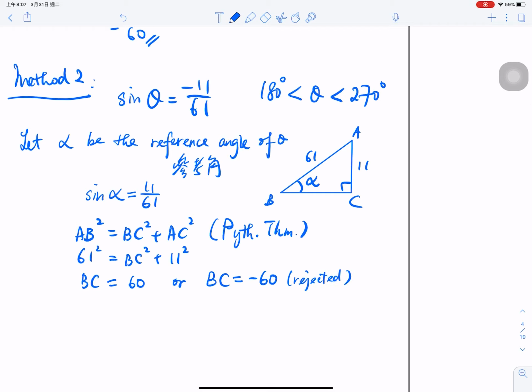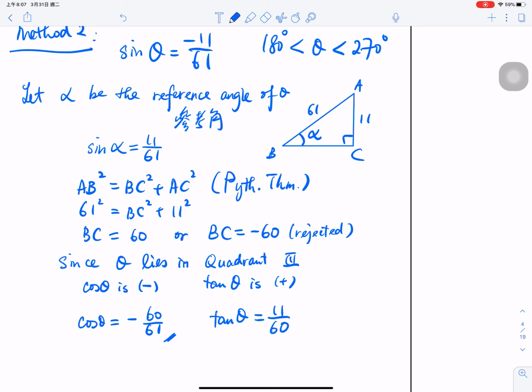However, you need to memorize by yourself: since theta lies in quadrant 3, cosine is negative and tangent theta is positive. So cosine theta equals negative 60 over 61, and tangent theta equals 11 over 60.